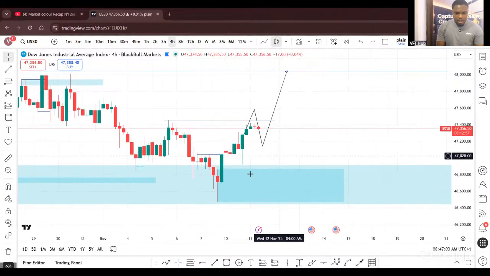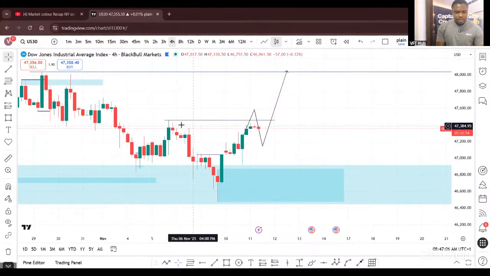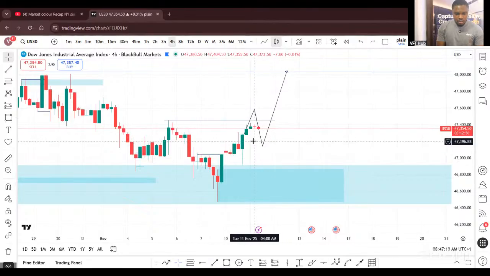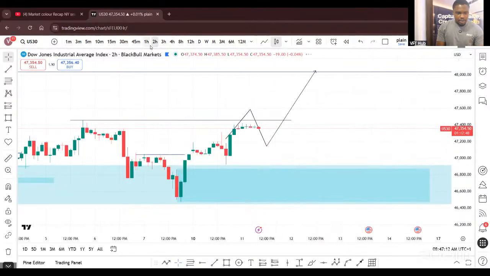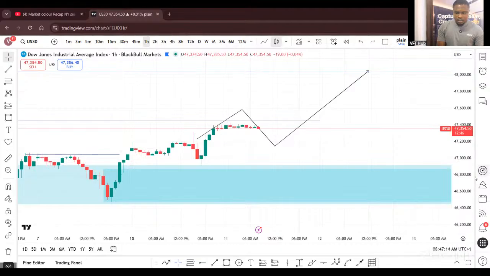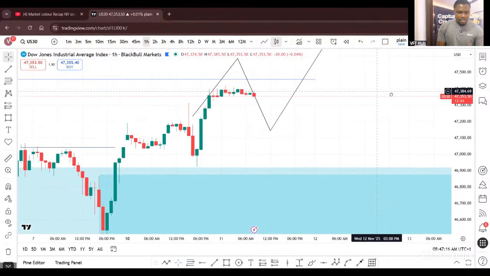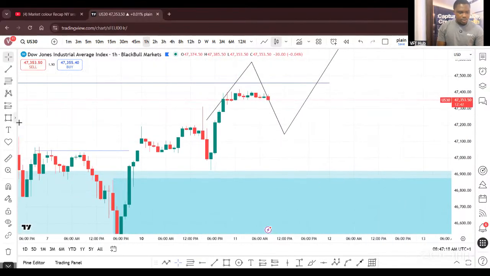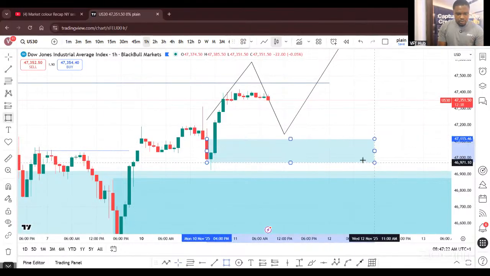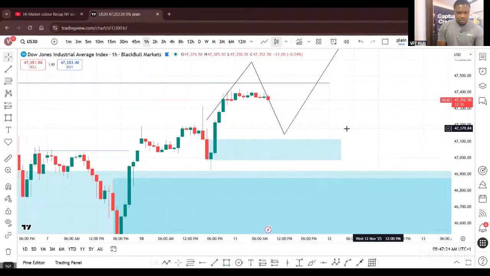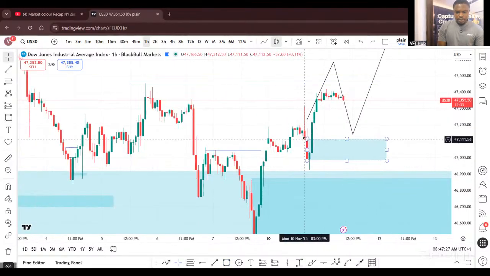So there's a chance that price taking out this internal liquidity might come back into this, and then probably another block. We have this again. So I think this is a good place for me to want to buy today, right? This other block.